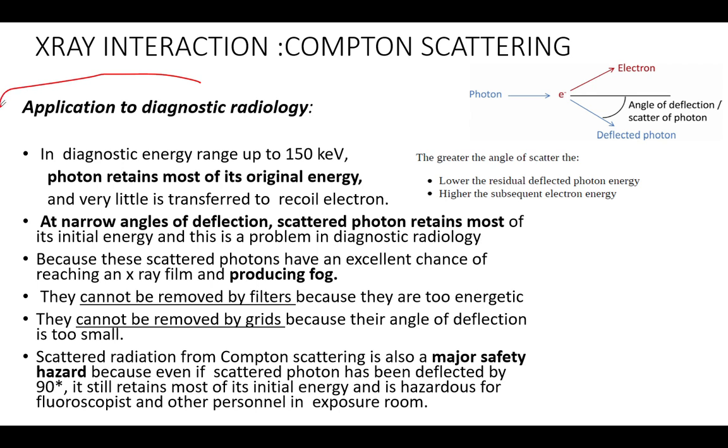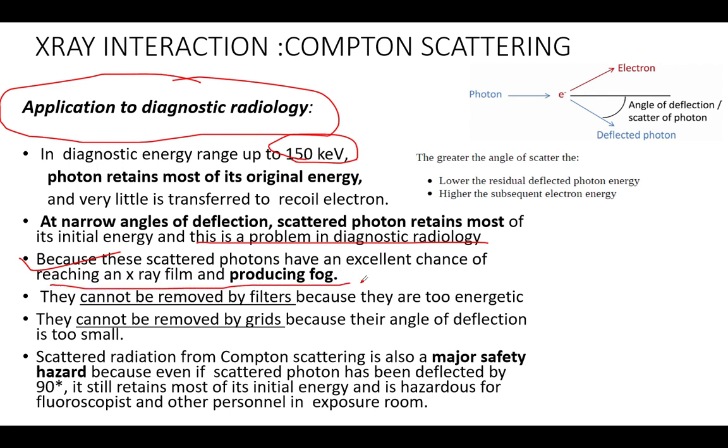What is the application of Compton scattering in diagnostic radiology? In the diagnostic energy range up to 150 keV, the photon retains most of its original energy and very little is transferred to recoil electrons. At a narrow angle of deflection, the scattered photon retains most of its initial energy, and this is a problem in diagnostic energy because these scattered photons have an excellent chance of reaching the X-ray film and producing fog.